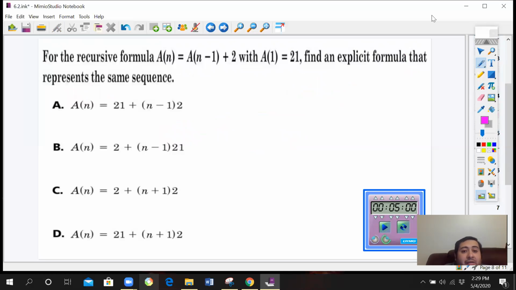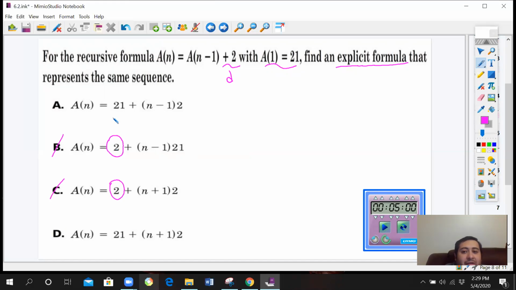All right, let's try this again. For the recursive formula, we need to find its explicit formula. This 2 is representing our D, and this is our first term. Here we do not start with 21. Take those two out. We have 21 and 21.